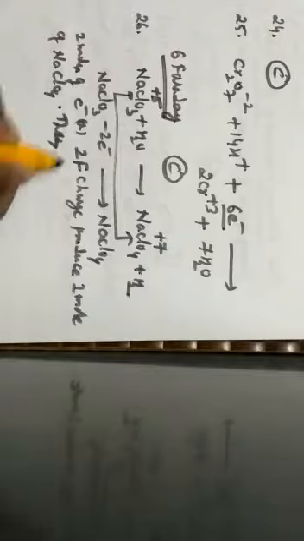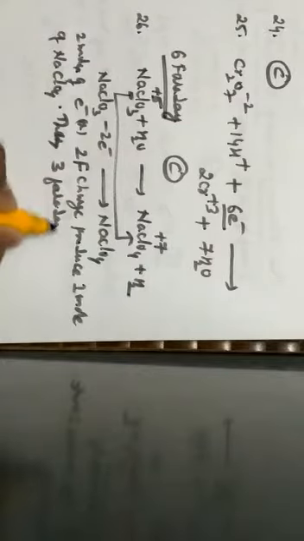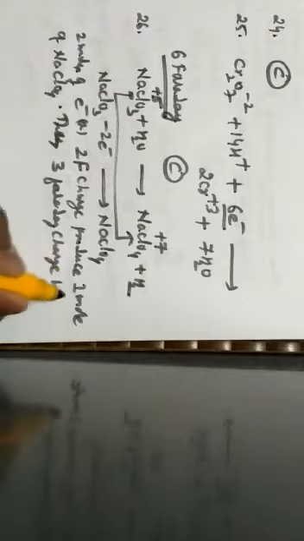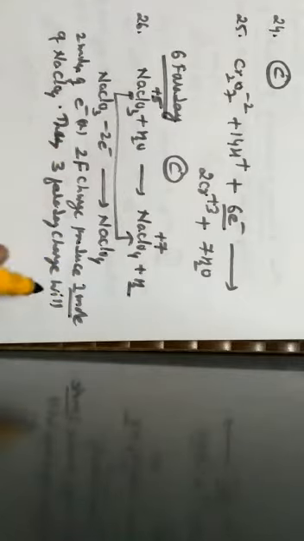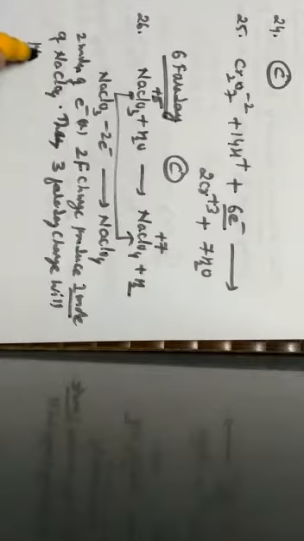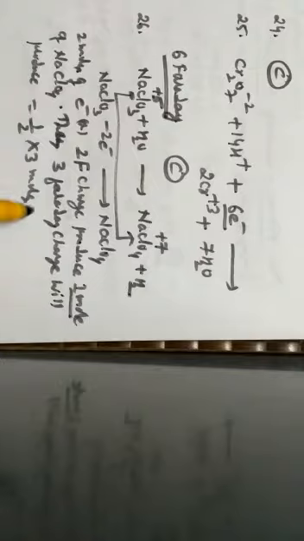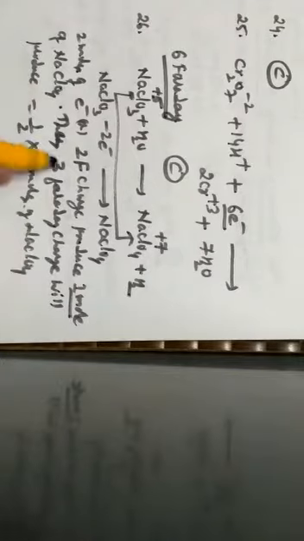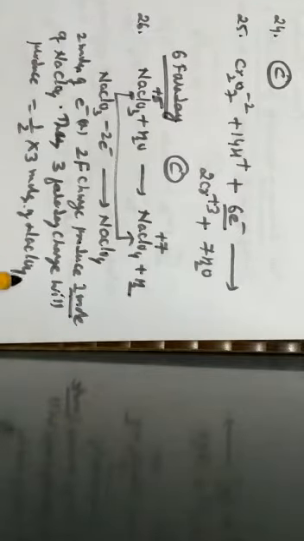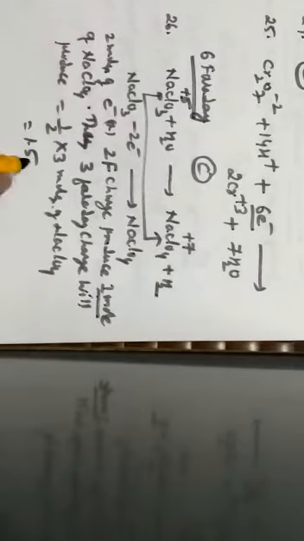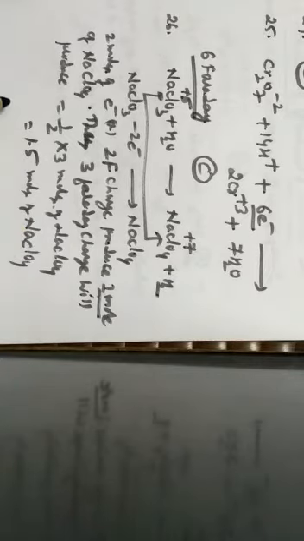Thus, 3 Faraday charge will produce, so 2 Faradays will produce 1 mole, means 3 Faraday charge should produce how much? 1.5 moles, which can be represented as 1 by 2 into 3 moles of NaClO4, because 2 Faraday for 1 mole means for 1 Faraday it is half mole, that is half into 3 moles of NaClO4, which is nothing but 1.5 moles of NaClO4, which is given by option C, that is 1.5 moles.